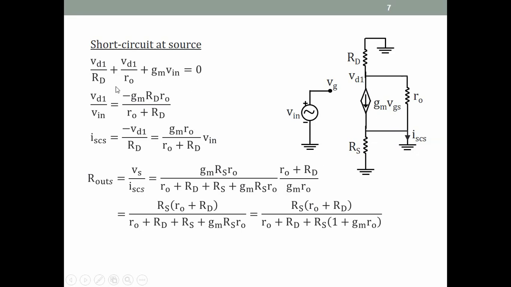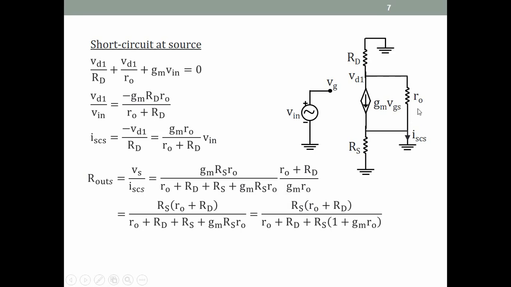And so we solve this for VD1, and we get minus GM RD RO by RO plus RD, which of course is minus GM into RD parallel RO. Anyway, we really don't care about this. What we want is the short circuit current. The short circuit current, as we saw in the previous circuit, is the current through RD.